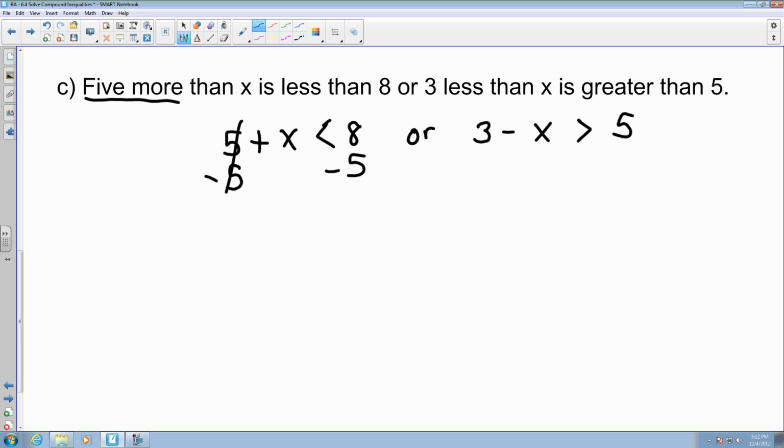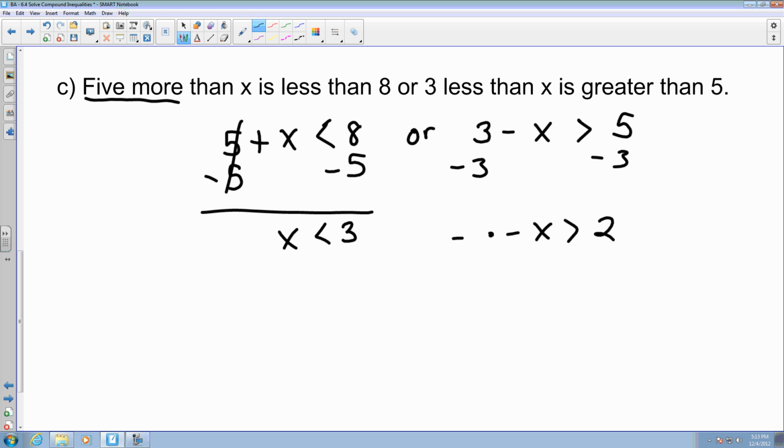So I'm going to subtract 5 from both sides, which gives me x is less than 3. And this one here, I'm going to go minus 3, which gives me negative x greater than 2. And I'm going to multiply by negative 1, which gives me x. Flip the inequality.